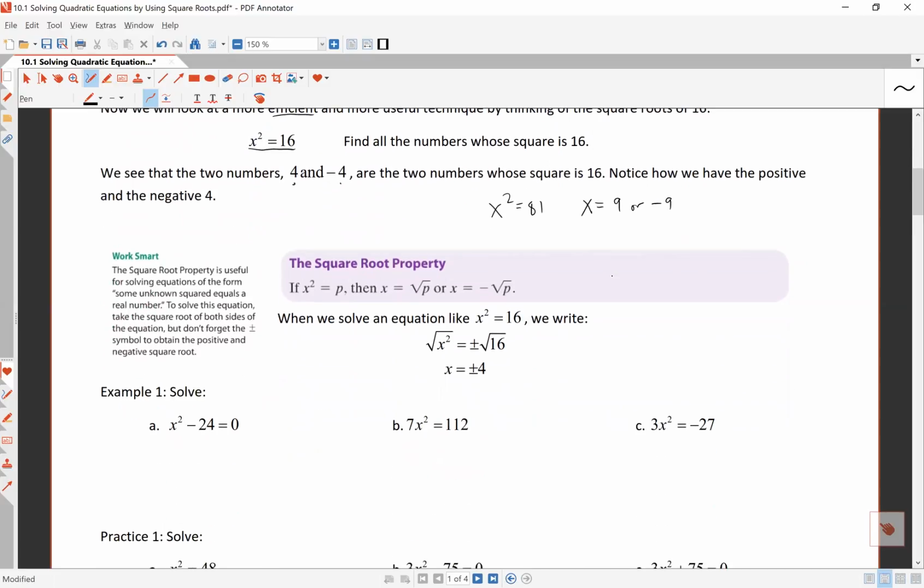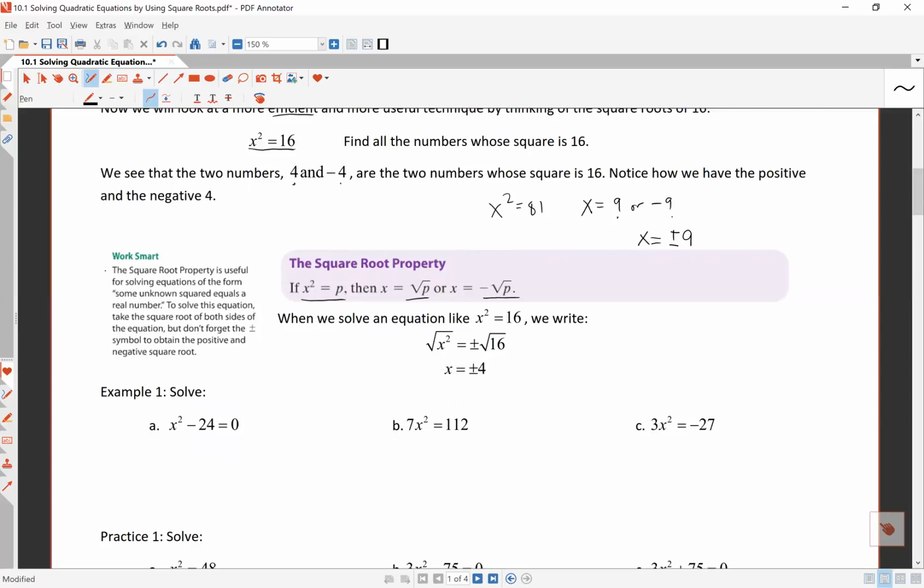plus or minus. So if we have x squared equals a number, then x is equal to the square root of that number, or x is equal to the opposite of the square root of that number. So we say, take the square root of both sides, making sure to use a plus or minus. Writing 9 or negative 9 is the same thing as writing x equals plus or minus 9.